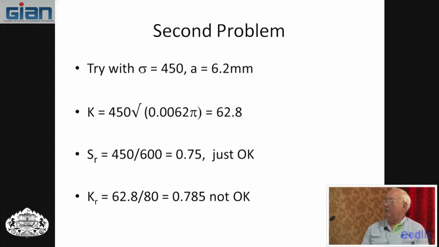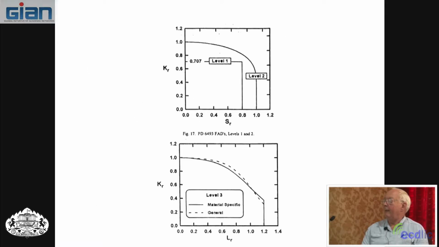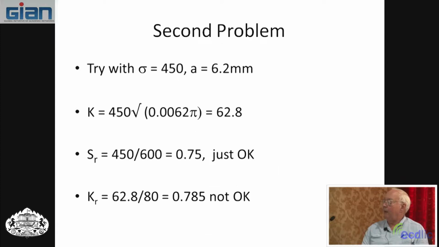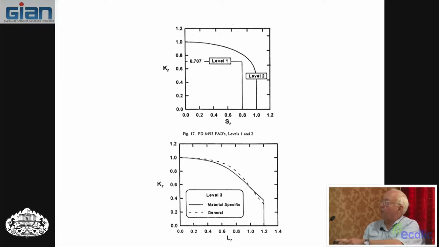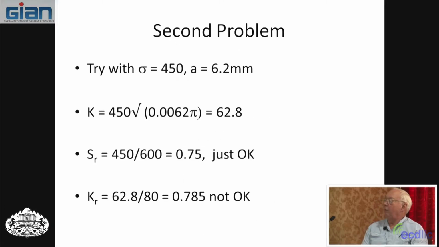The stress ratio is 0.75. So 0.75 is inside here, it's okay. The K ratio is 0.785. You're supposed to stick with 0.707. It's not okay. So the point is somewhere up here. It looks like it's going to be within level 2.